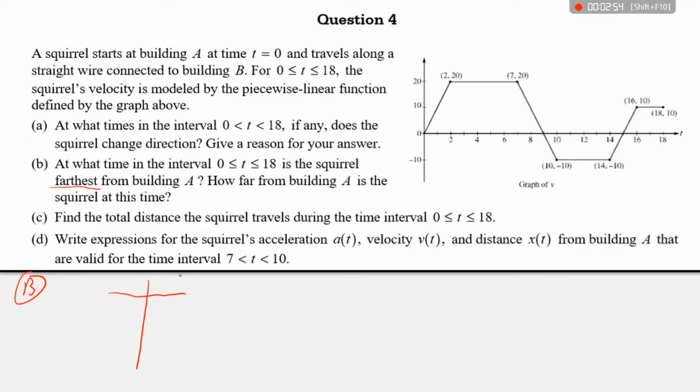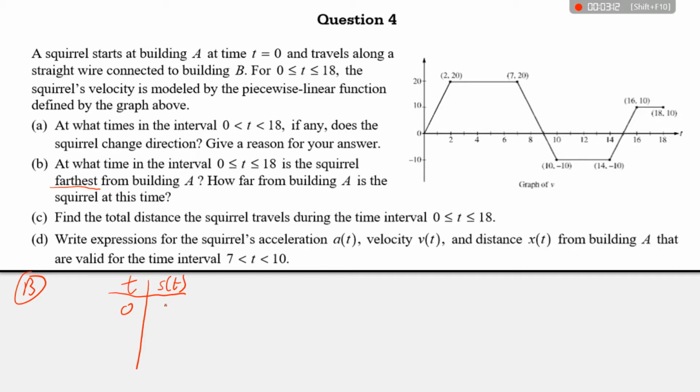Because the area under the graph shows the total distance from building A. What's the distance at t equals 0, though?